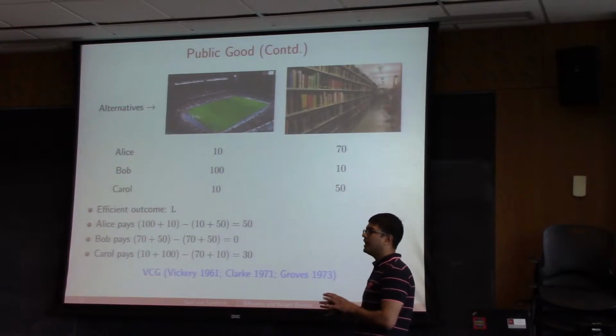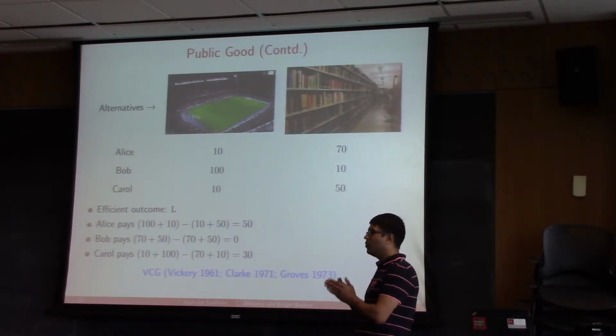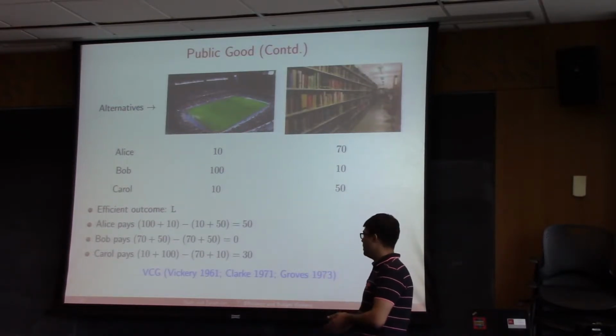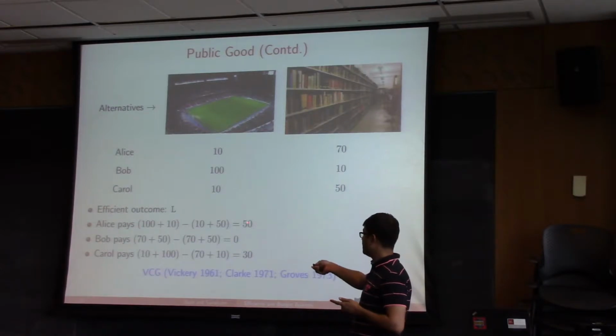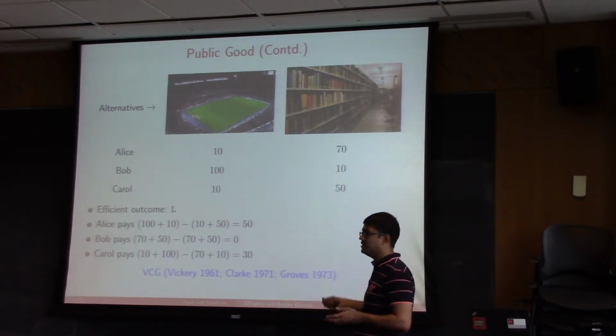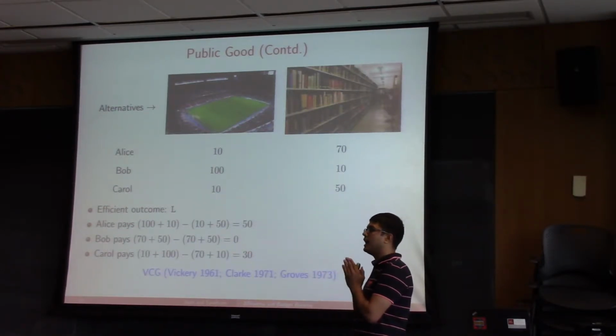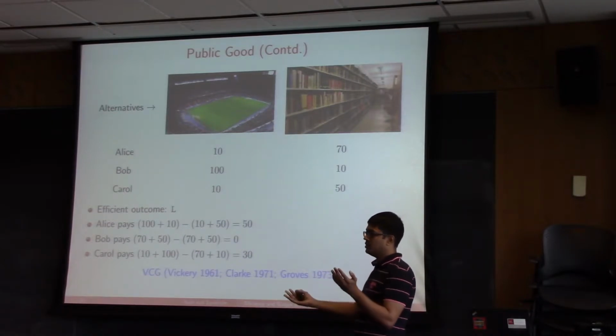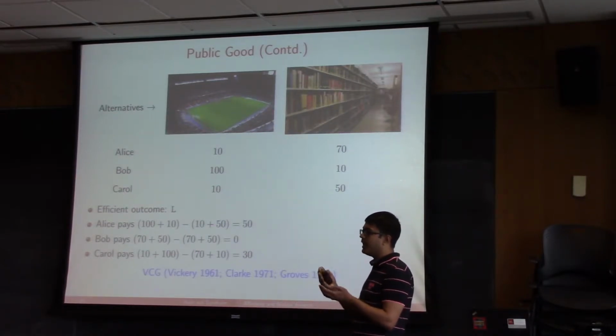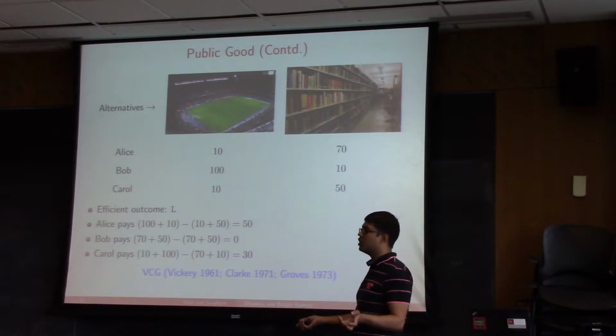So ideally, I would like to have a mechanism where this net transfer, which here is 50 plus 30, 80, I'd like this net transfer to be 0, because I can expect someone to pay and someone to consume, but there should not be any net transfer, because that is going to change the sum of the utilities, if you like.